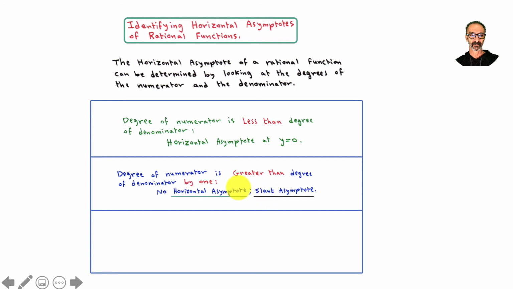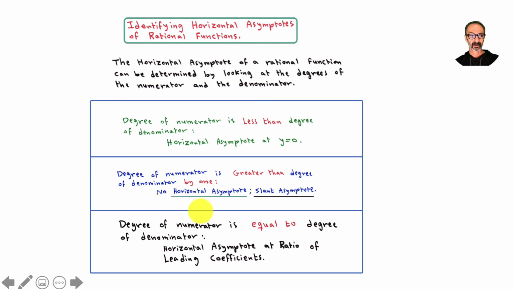All right, 1 is something highlighted or clearly stated right here. The degree of the numerator is equal to. So less than, greater than, equal to. When it's equal to, we have a horizontal asymptote at the ratio of leading coefficients.